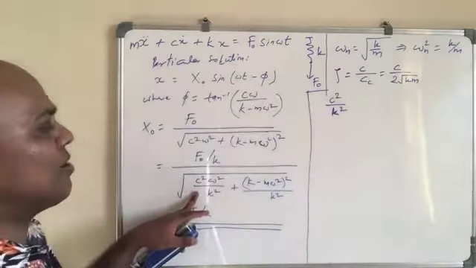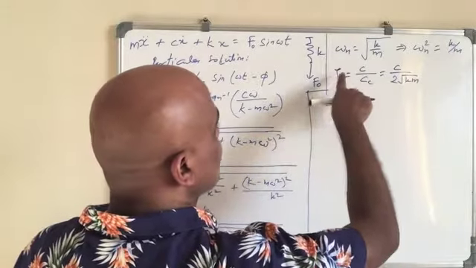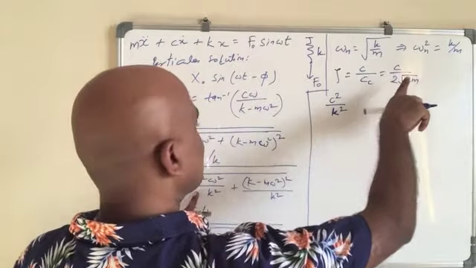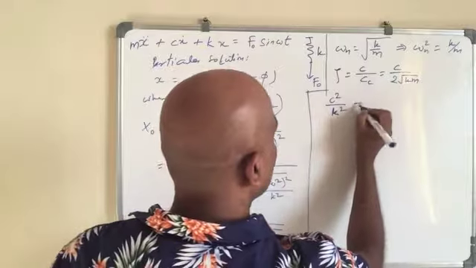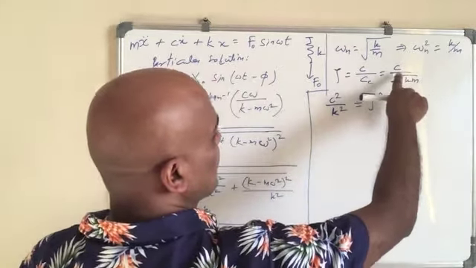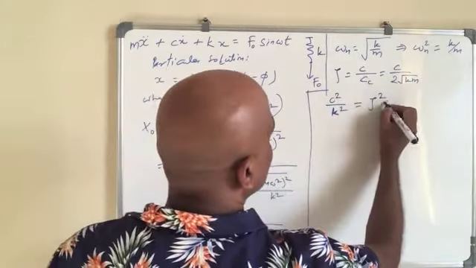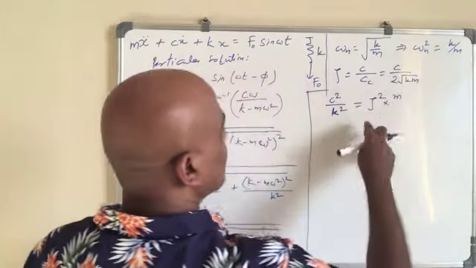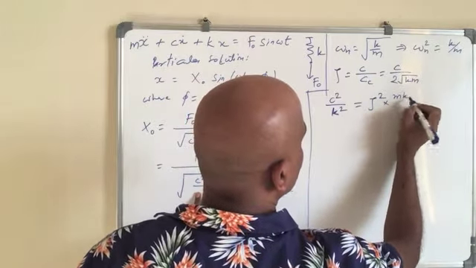Now we write zeta square. If you write zeta square, we get zeta square as c square over 4 km.